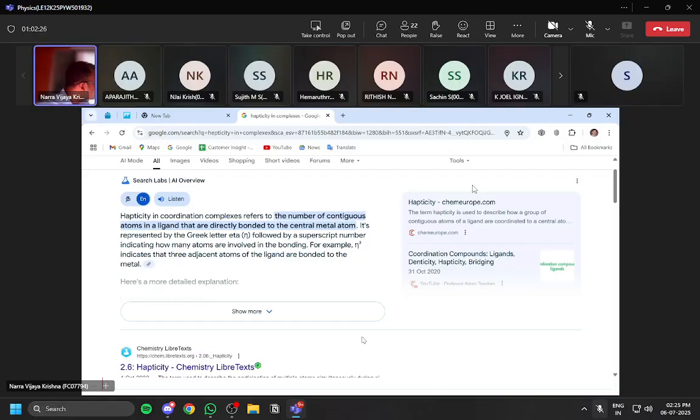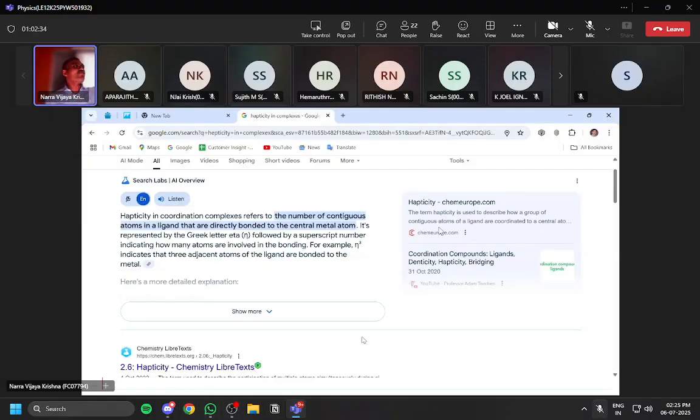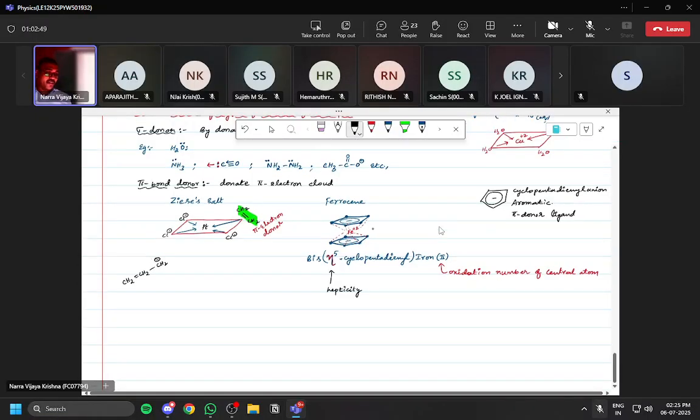Continue, right? Delocalization, man, means there should not be any gap. All atoms are continuously involved in delocalization. For example, if I take CH2 double bond CH2, single bond CH2 minus, does it involve in delocalization or not?